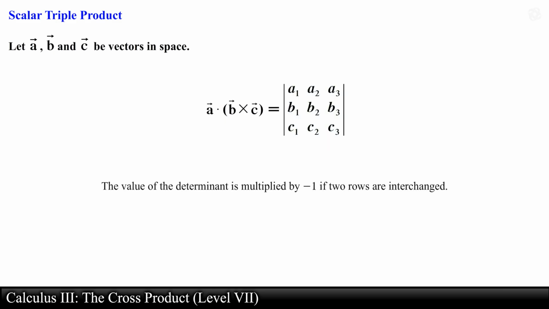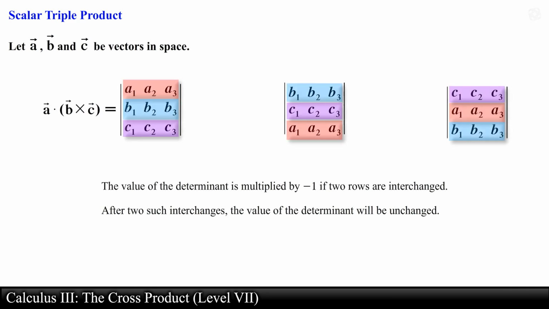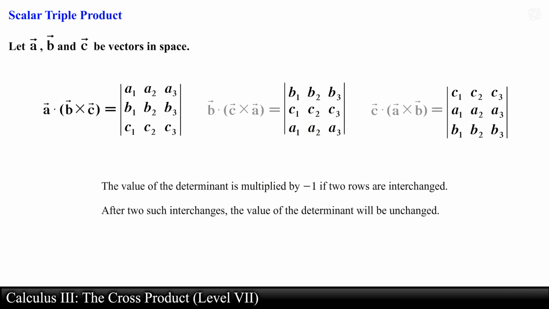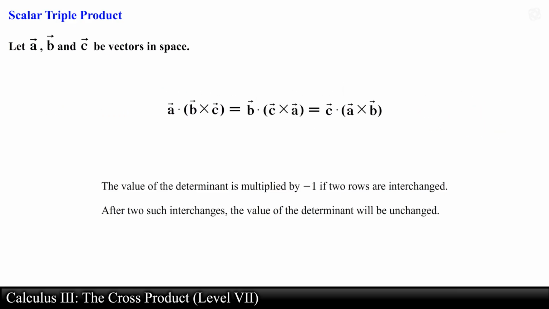Note that the value of the determinant is multiplied by -1 if 2 rows are interchanged. After 2 such interchanges, the value of the determinant will be unchanged. So, the following triple scalar products are also equivalent.